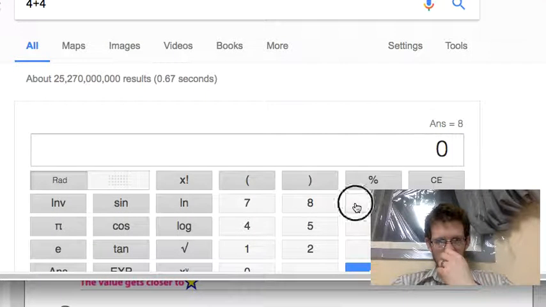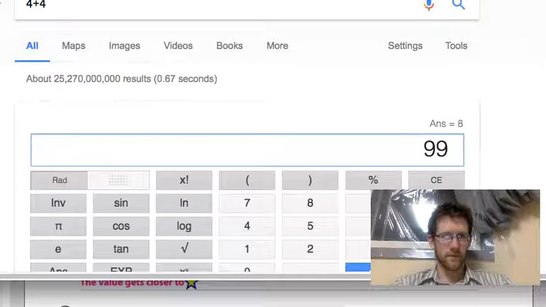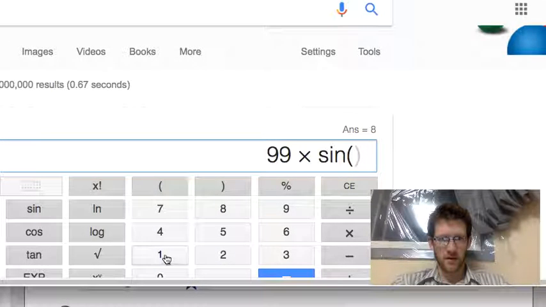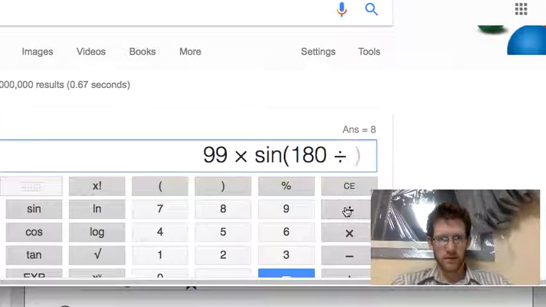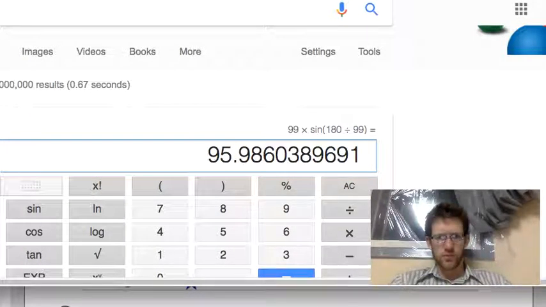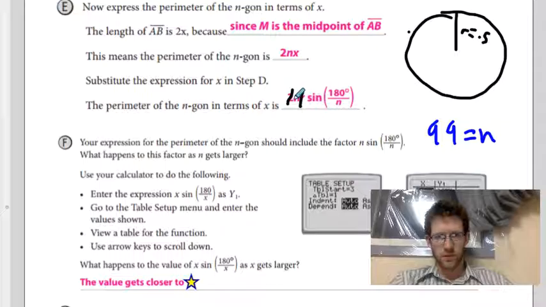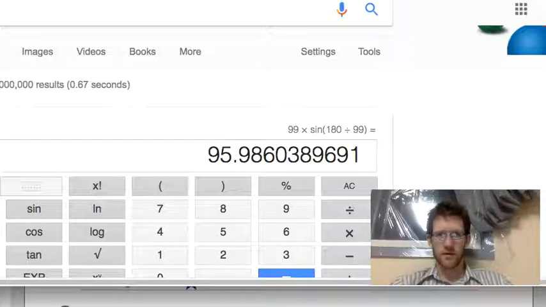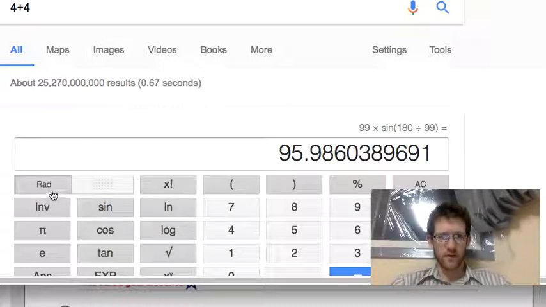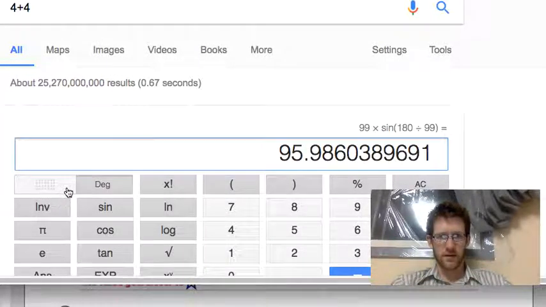So I'm going to go 99 times the sine of 180 divided by 99. Plug all this in. Let's see what we get. Wait, where did I mess up? Whenever you mess up on a graphing calculator, you know what it is, like 90% of the time? I was in radians. We're going to change to degrees.